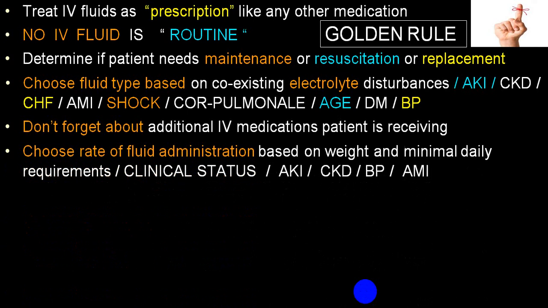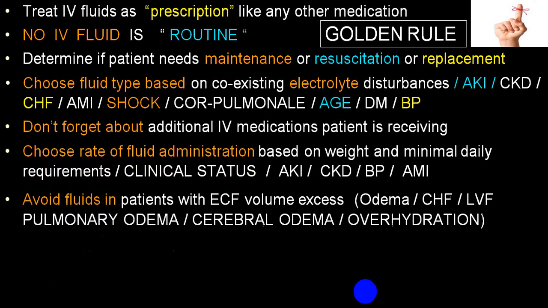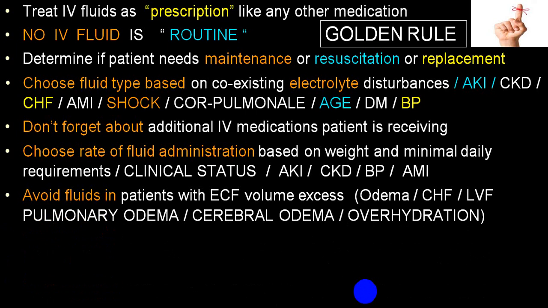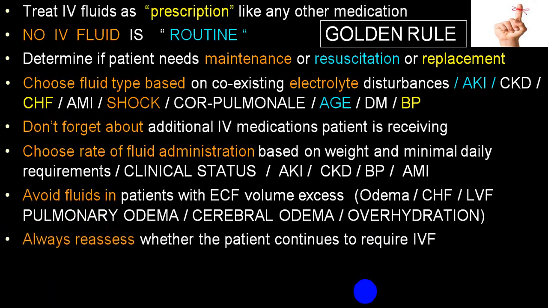Choose the rate of fluid administration properly, depending upon the weight, maintenance, clinical status, AKI, CKD, hypertension, myocardial infarction, etc. Avoid fluid in a patient with volume overload like edema, congestive heart failure, left ventricular failure, pulmonary edema, cerebral edema, or an overhydrated patient.